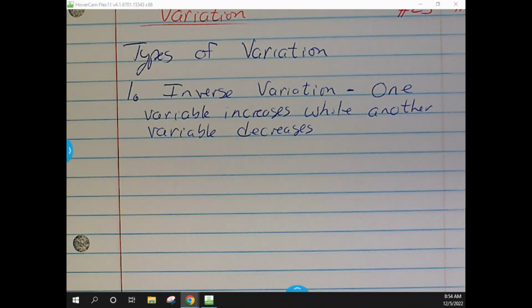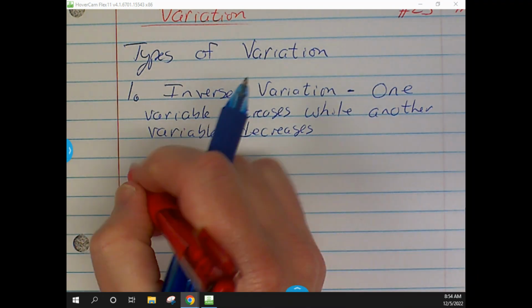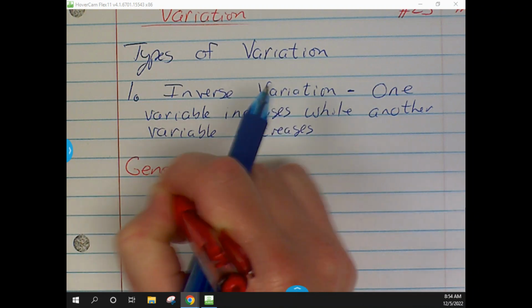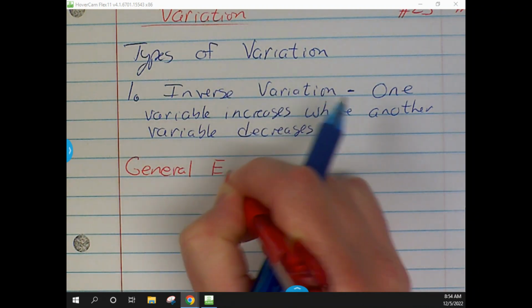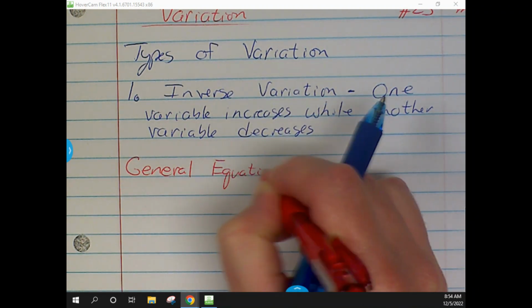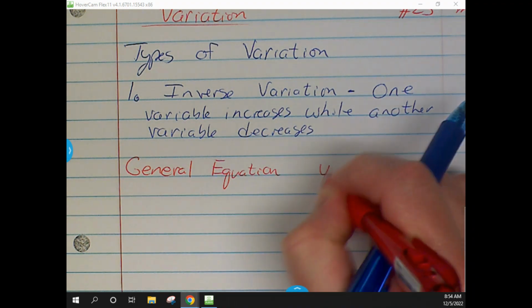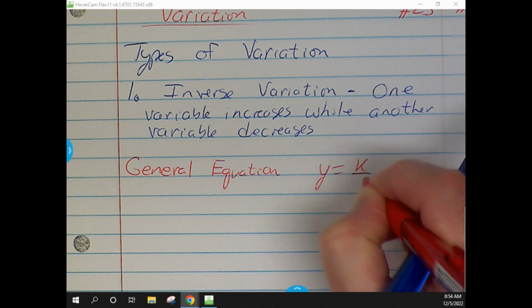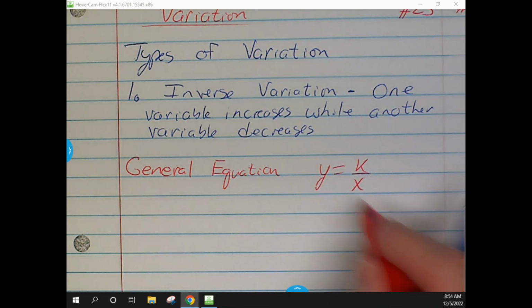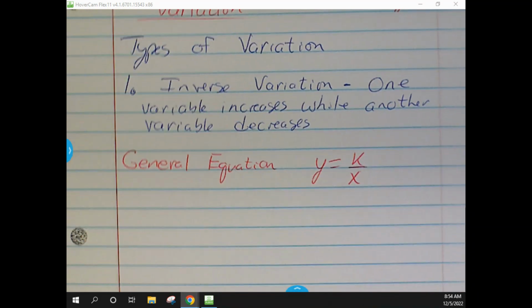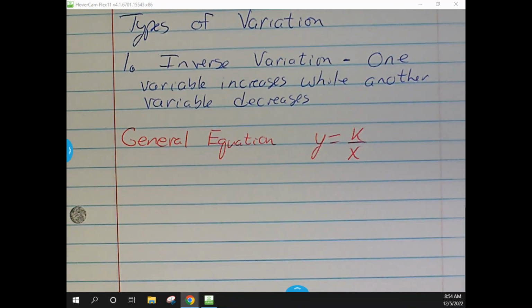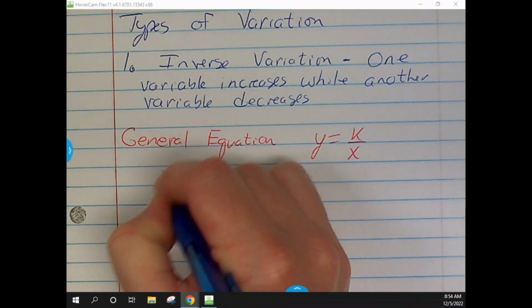Okay, what this equation looks like, the general equation for an inverse variation, is y equals k over x, where x and y are your variables, and k in this case is what they're going to call the constant of variation.